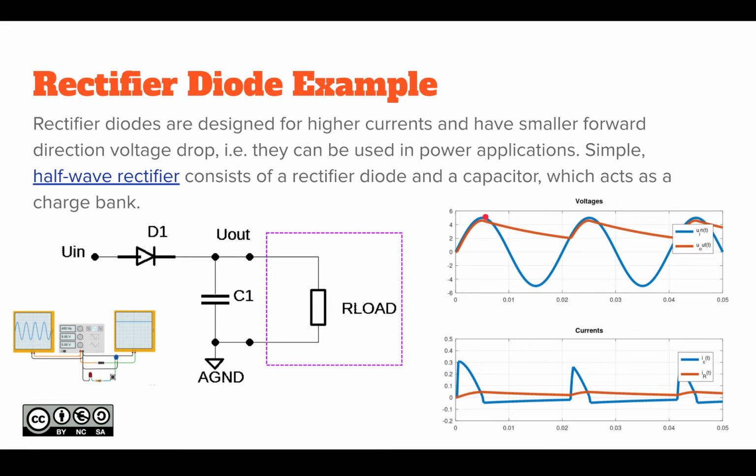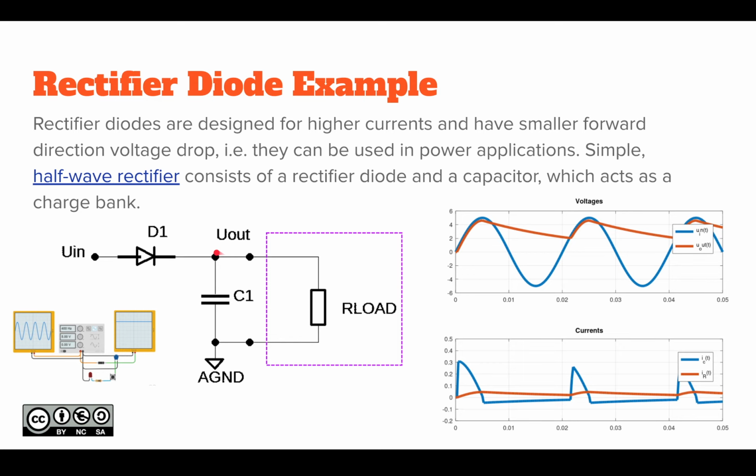And at that point, after the highest point, this input voltage, blue, is less than the voltage remaining in the capacitor. So current doesn't flow anymore through the diode, but it flows from the capacitor to the load.